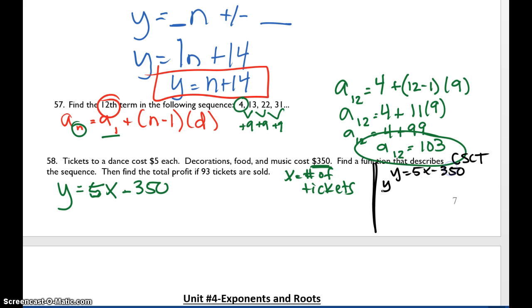So I already named my x the number of tickets, so y equals 5 times 93 minus 350. So if I multiply 5 and 93 together, I end up getting 465, 465 minus 350.